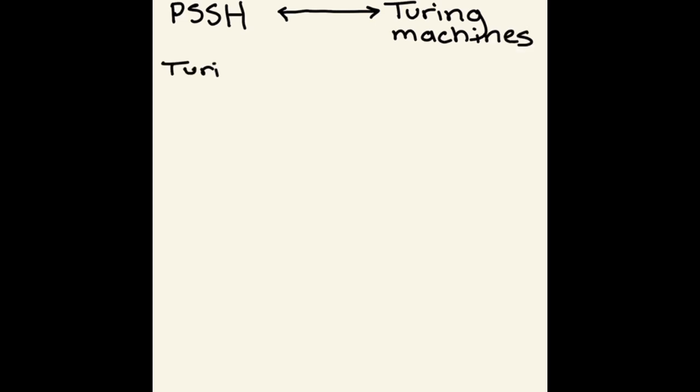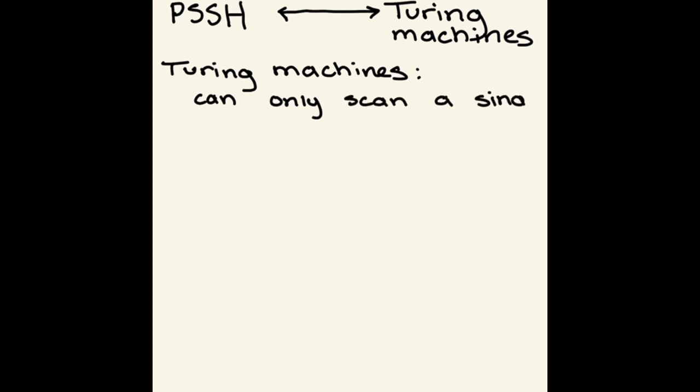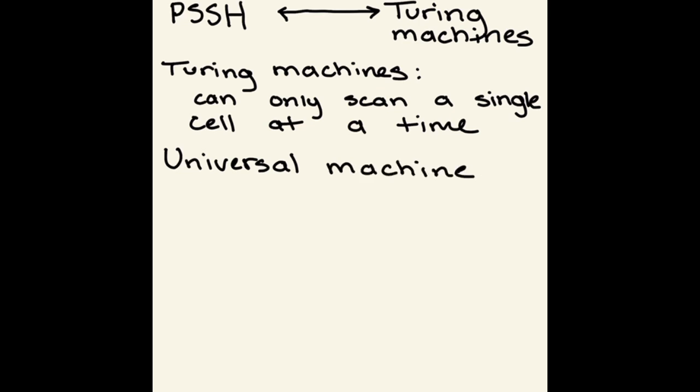So now I want to relate the physical symbol system hypothesis to Turing machines, which I talked about earlier. And so sort of the idea is that the underlyings of the Chinese room can be related to and applied back to these ideas. So a Turing machine is this hypothetical machine, and it kind of works as a scanner that is looking at an aisle of little cells, and it can only scan a single cell at a time.